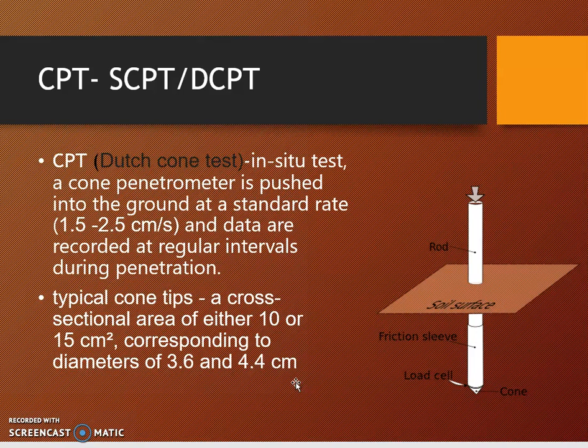Now, why do we need this particular test when there is already the standard penetration test available? The reason being, the N values do not always represent the friction value of the soil. Why? Because when you conduct SPT, there are hammer blows given to the drilling rod, right?